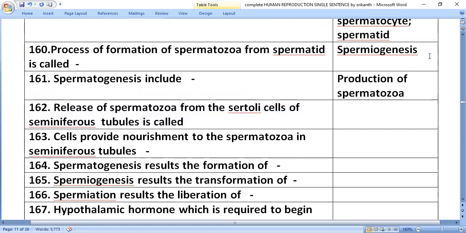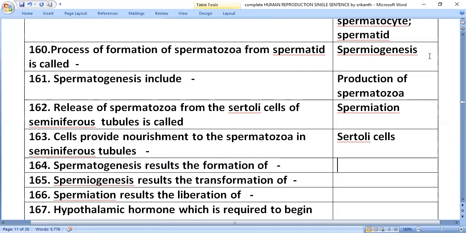Release of spermatozoa from the Sertoli cells of seminiferous tubules is called spermiation. Cells that provide nourishment to the spermatozoa in seminiferous tubule are Sertoli cells.